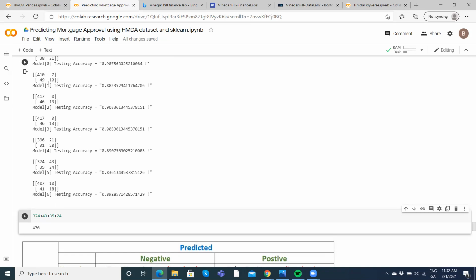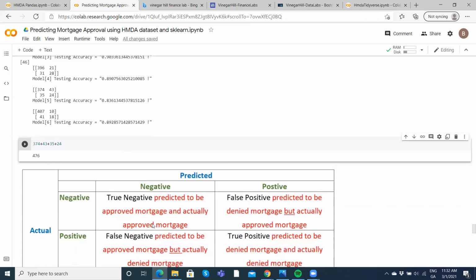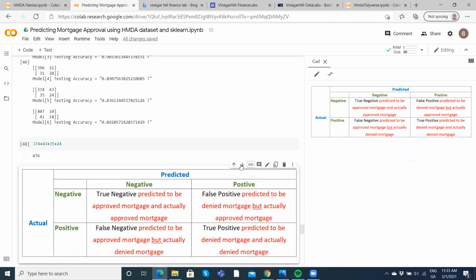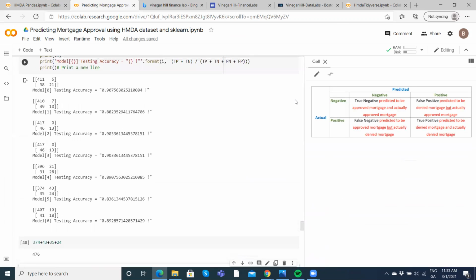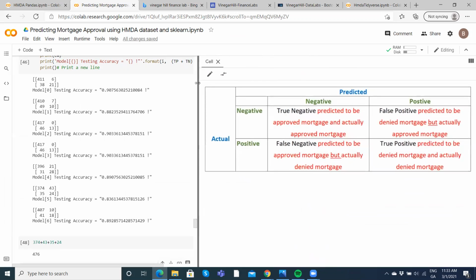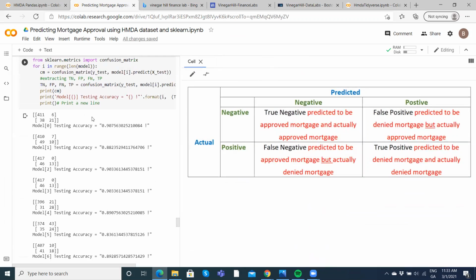To understand a little bit what the confusion matrix is spelling out, we could use this graph here. So maybe I'll just put that to one side here, bring down the confusion matrix, and then bring across a little bit so that we can understand what the confusion matrix shows. So we have 476 applicants who are set aside and put into the testing data.